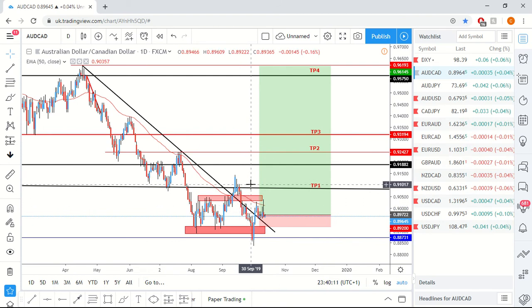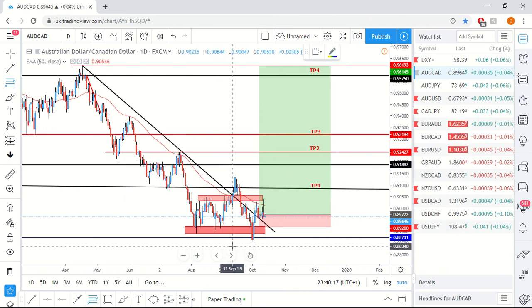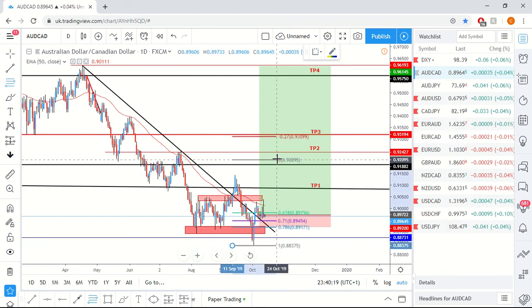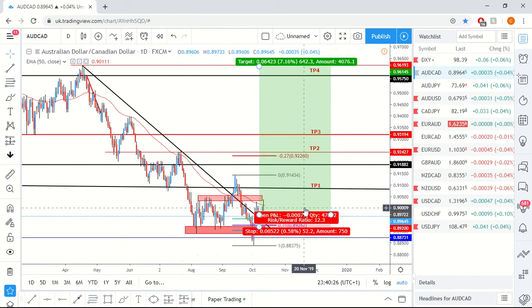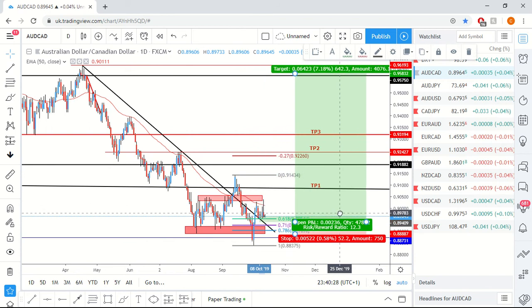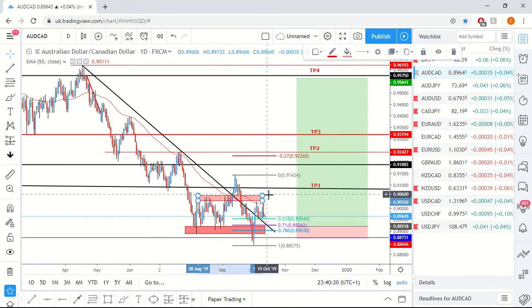However, what we can do is, using our Fibonacci tool, we can take it from the bottom here to the top, and we can look at entering off of a golden pocket region here. So if we move this, we can look for an entry around a golden pocket region.